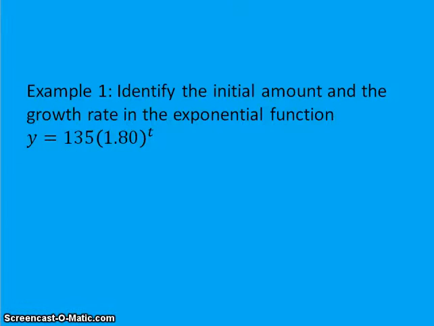We want to identify the initial amount and the growth rate in this exponential function. Exponential functions, remember, are always a times b to the x. A is your initial amount, b is your growth factor. So 135, that's your initial amount. The 1.80 is our growth factor.